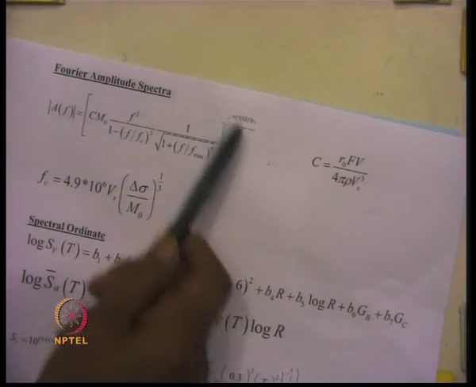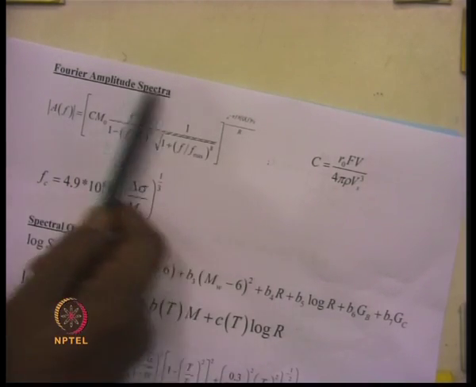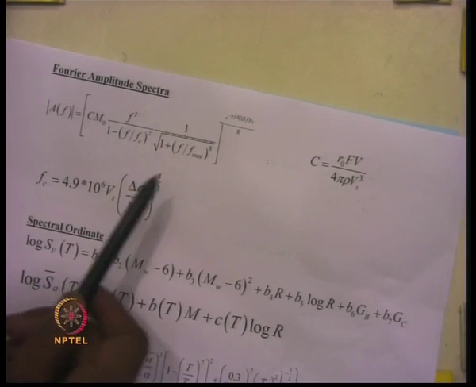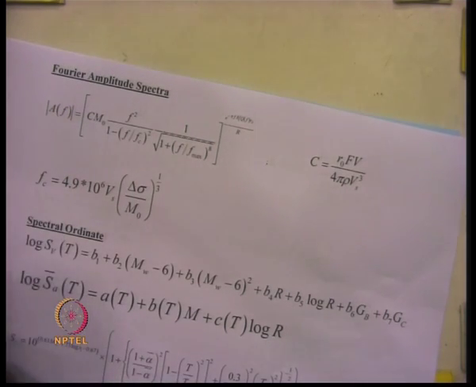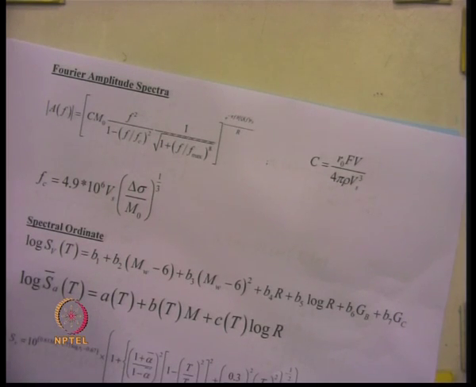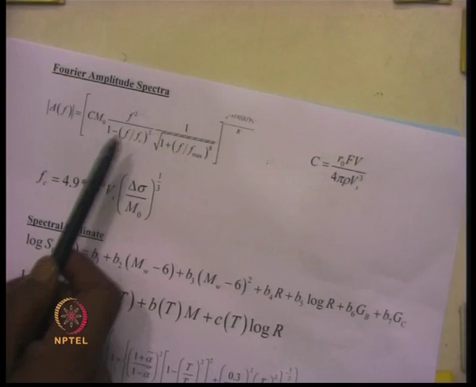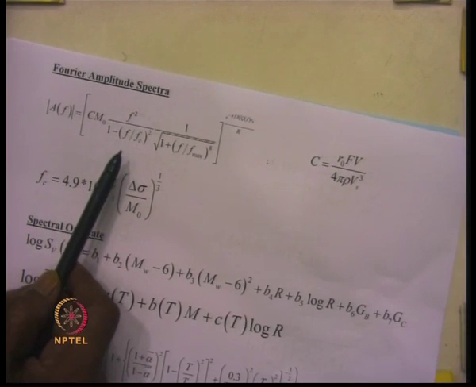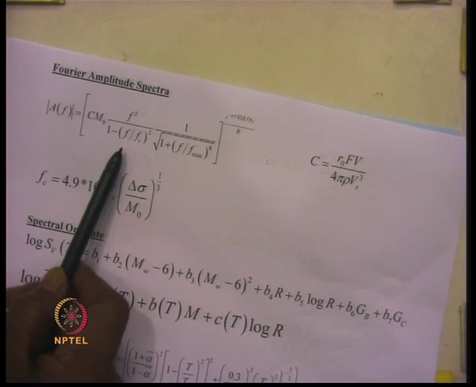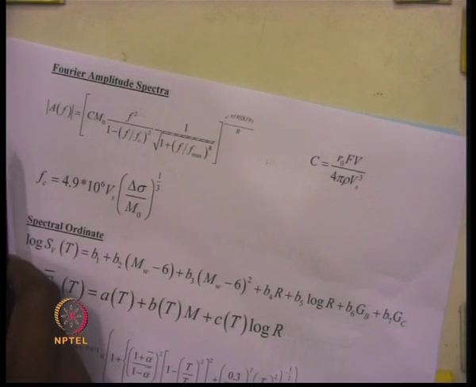This is given with the help of this equation, and one can see the constants involved here: Fc, which is called the critical frequency or cutoff frequency, and F is the usual frequency.